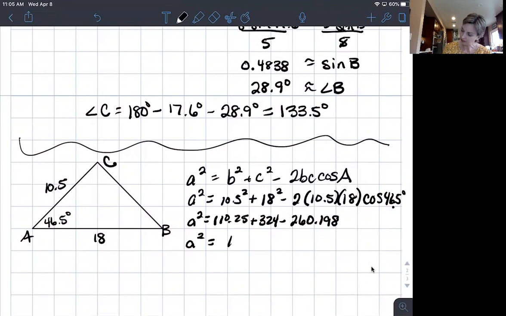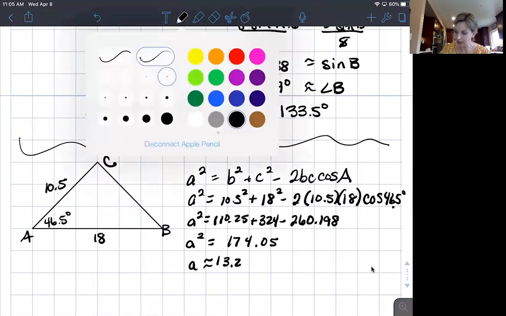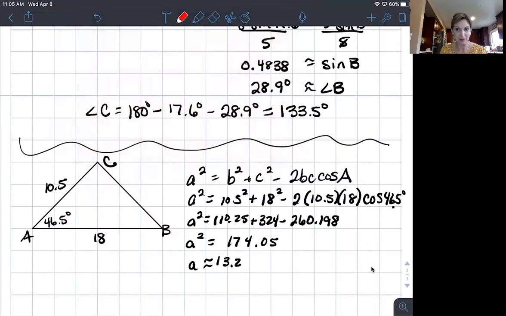So a squared is 174.05, and take the square root of that, and you get about 13.2. Just like that. That wasn't too terrible. It was a little bit of number crunching for sure though. And we get 13.2. Now we have all three sides.